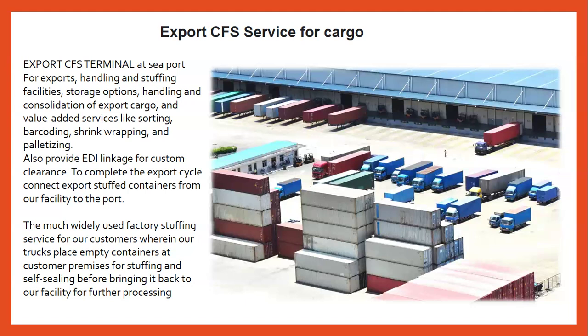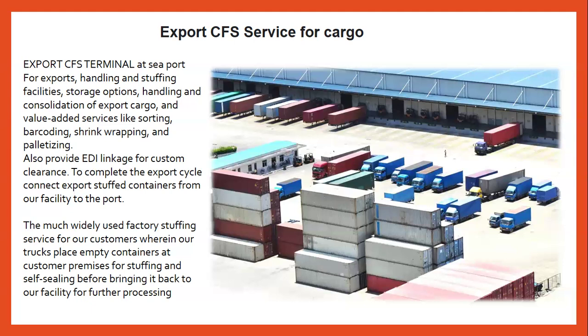So at the time of stuffing, this box will be scanned, and the system automatically updates the inventory that this box is going outside of this warehouse. So this is the barcoding system: when the stuffing process is done, the system will update the inventory, showing the cargo is going outside, and how much inventory is available.